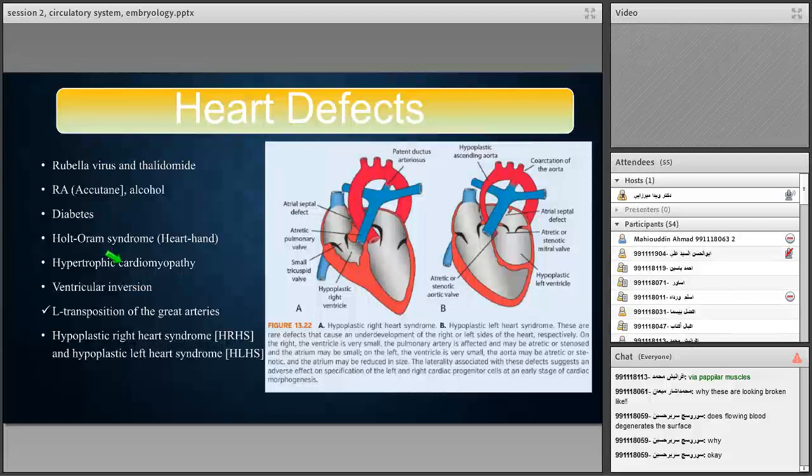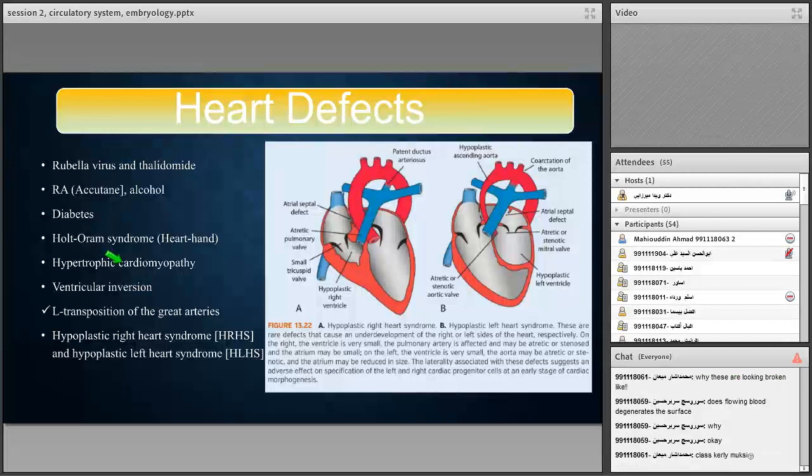These may affect cardiac formation and cause some common heart defects. Okay?